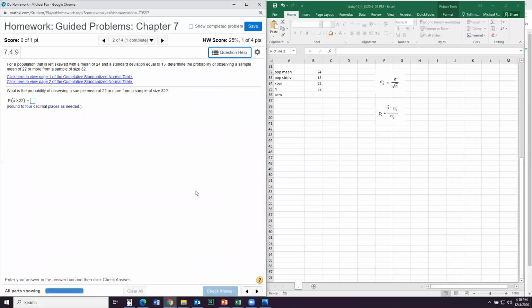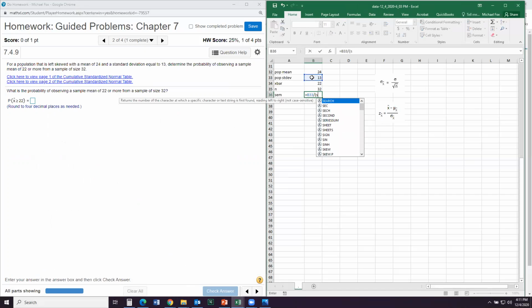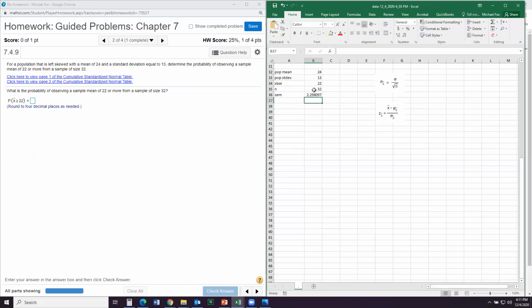Okay, so to calculate my standard error of the mean, I'm going to take my population standard deviation, divide by the square root of n. There's my standard error of the mean.